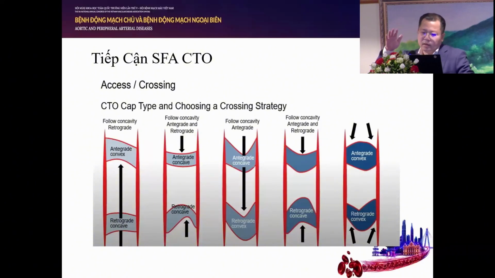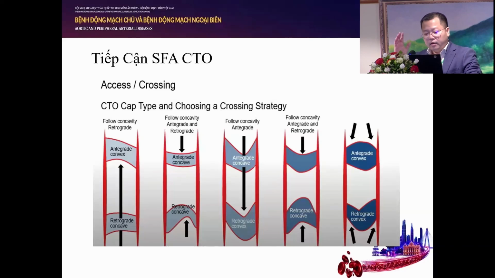If we meet an SFA CTO, we can see the image of the occlusion. If it is convex on two sides, the proximal and the distal, it is a so difficult case because we must do retrograde.